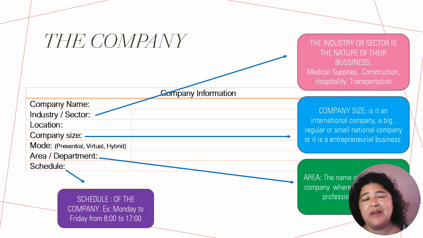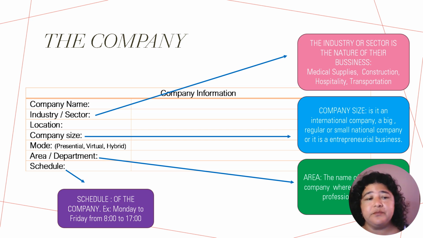The company size is not exactly the number of employees. The company size is basically if it's an international company, or if it's just a big national company, or if it's a company that has a regular size or a small size. Also, it can be an entrepreneurial business.